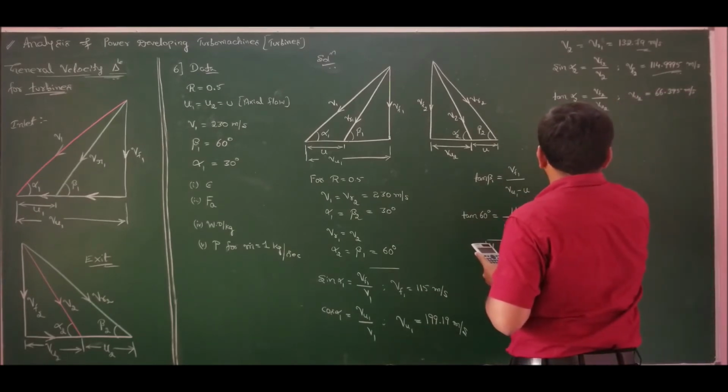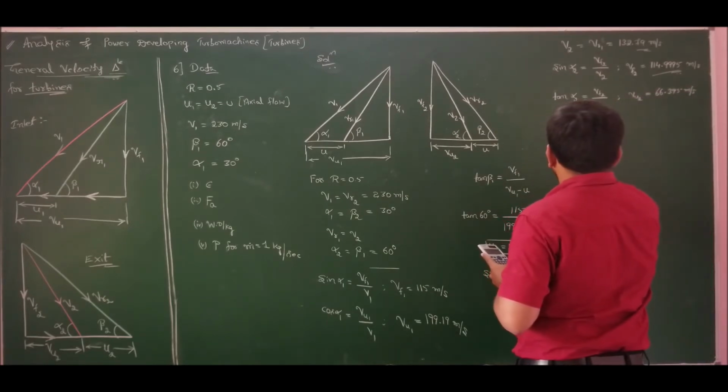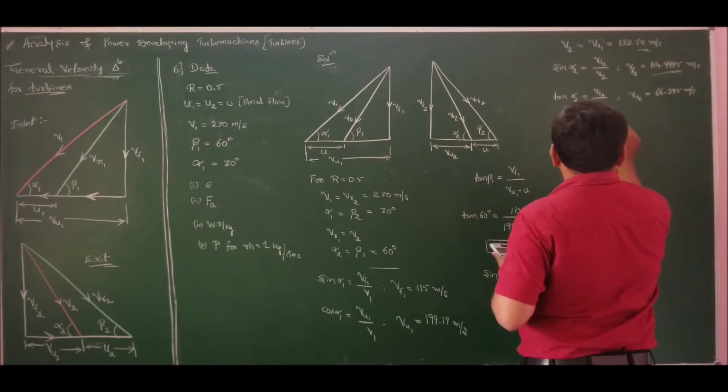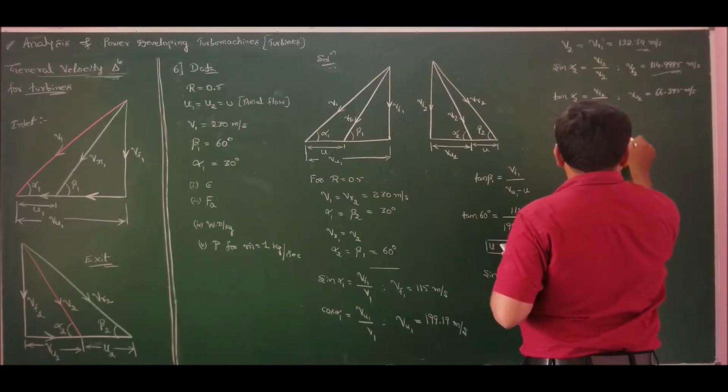Coming to the first one, that is the utilization factor. Utilization factor is equal to, you know the relation, V1 square minus V2 square divided by V1 square minus R V2 square.